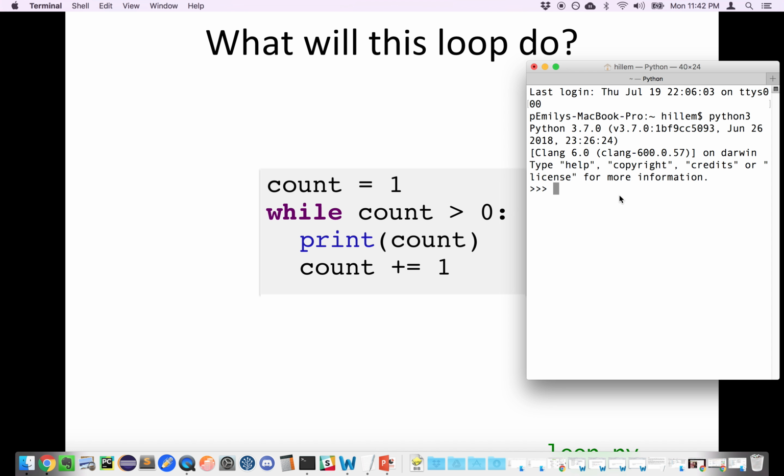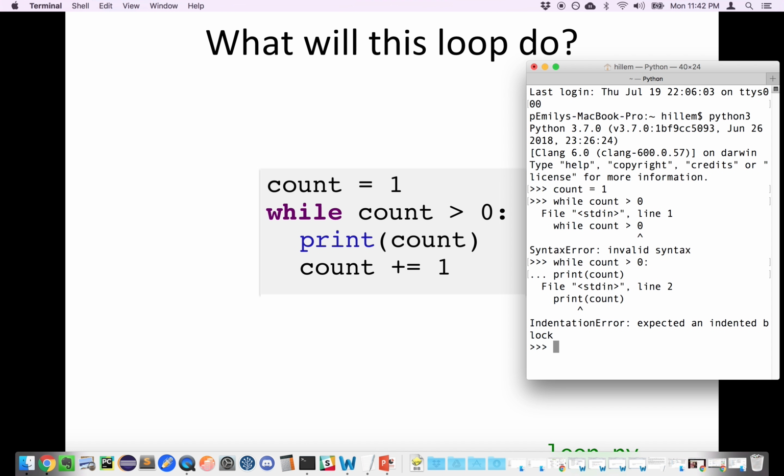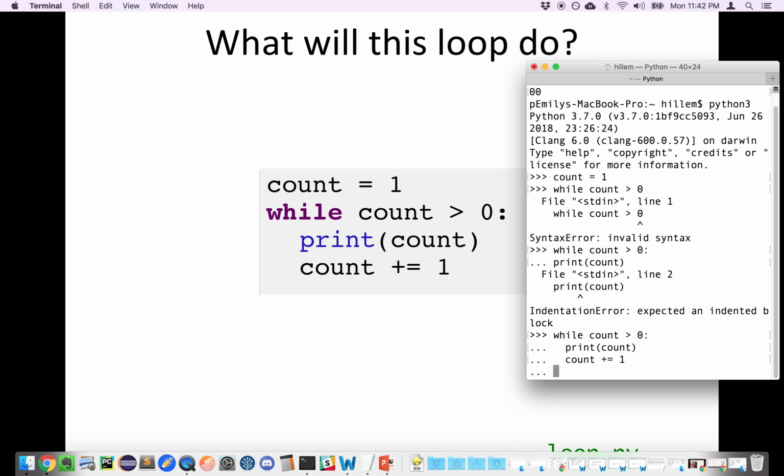All right, so count equals 1. While count is greater than 0. Whoops, I forgot my colon. Print count. Oh, I didn't indent. Print count. Count plus equals 1.